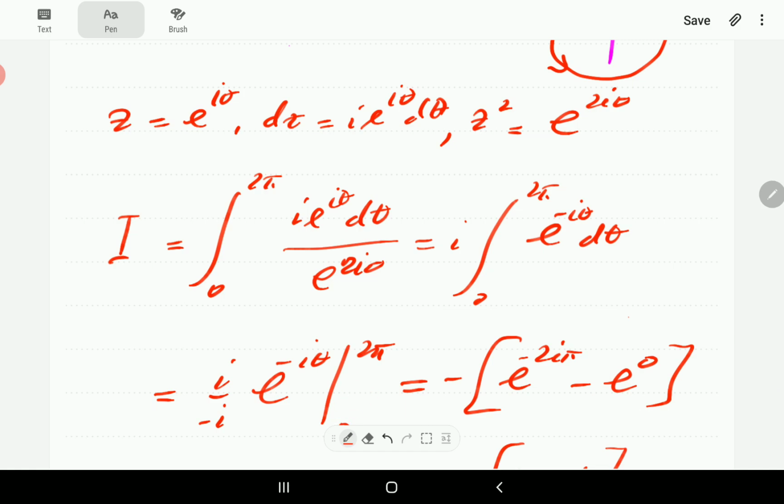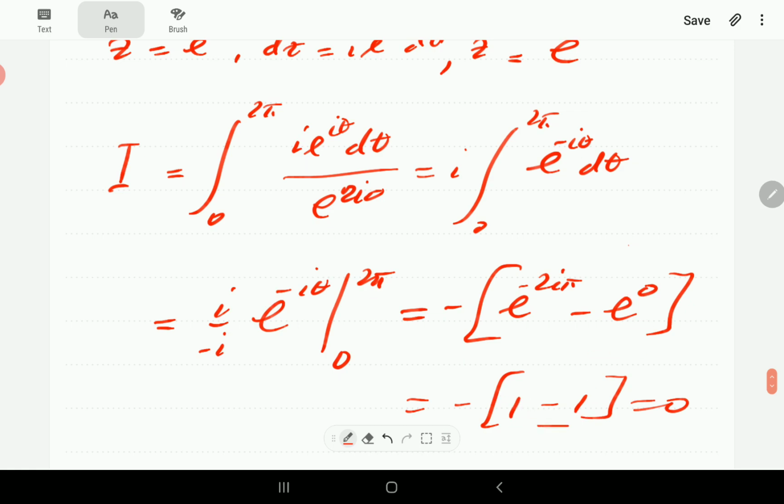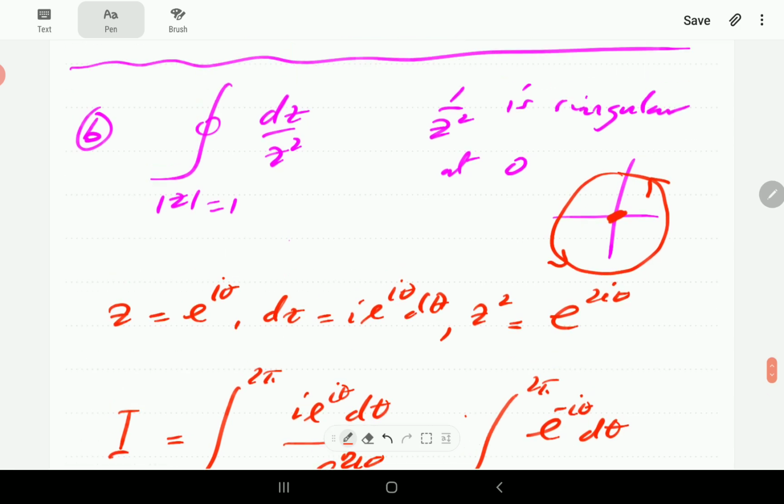Now, when theta is 2 pi, it's going to be e to the minus 2I pi, and when theta is 0, it's going to be e to the 0. But e to the negative 2I pi is 1. E to the 0 is 1, so this is giving us 0. But this is 0 not because the integrand is analytic.